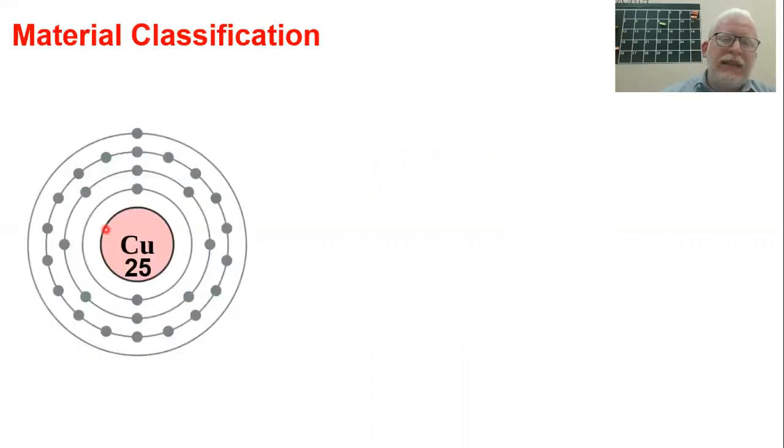So let's start with the conductors, for example, copper. Before considering why copper is a conductor, let's first ask another question. What is conductivity? As you know from the definition, a conducting material is a material that transfers electrical current.